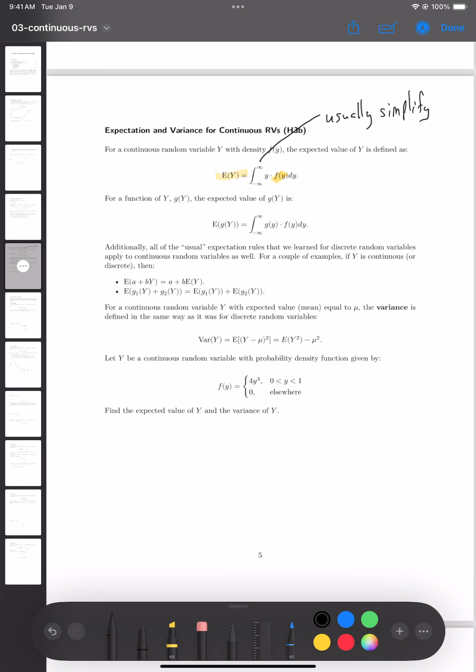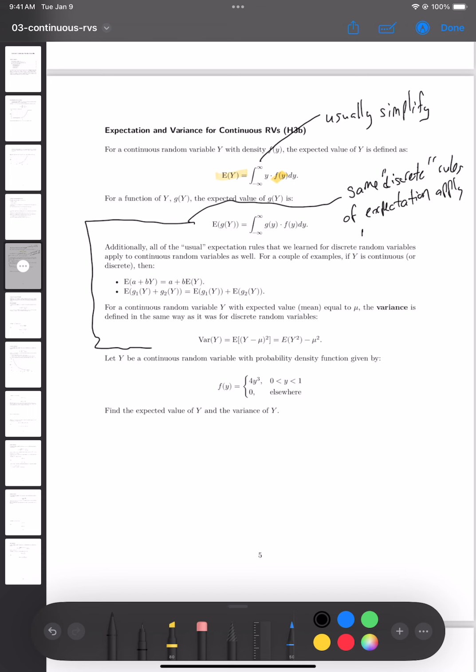All of the rest of this, from here all the way down to the definition of variance, are just rules and definitions that are the same as what they were for discrete random variables. So we'll make a quick note here that these same discrete rules of expectation also apply to continuous random variables.